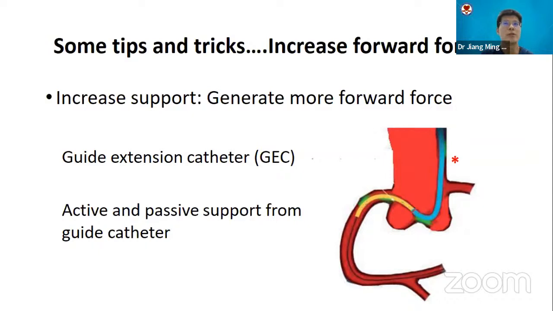We can use supportive guides and then utilize backup support from the contralateral wall as highlighted by the asterisk here, and help from the aorta. Furthermore, we can also perform deep engagement of the guide catheter in the coronary artery, which helps to provide active support, although there is a caution that there is potential for complications from dissection and pressure dampening.